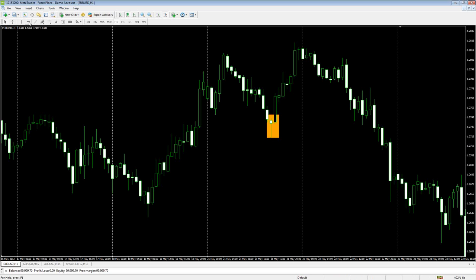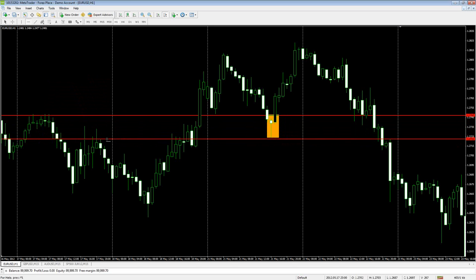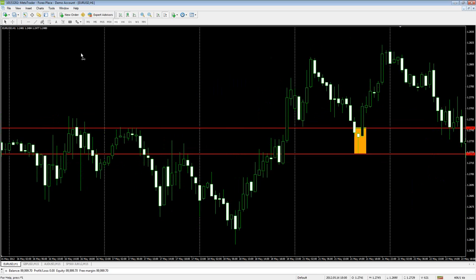And again, you can see here a strong area of resistance around here and another area of resistance or hesitation around here. All these areas are areas of support and resistance and hesitation. Let me just take it a little bit backwards.